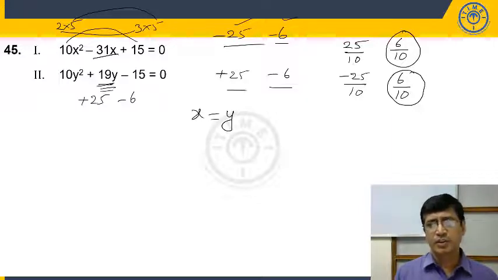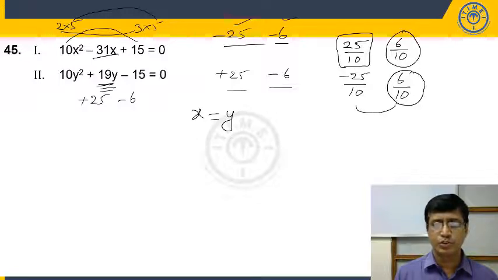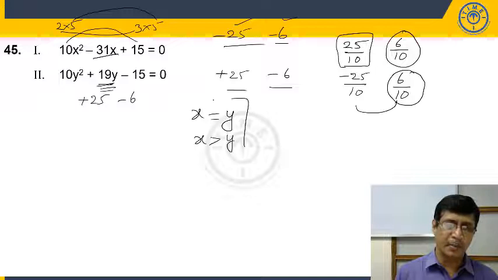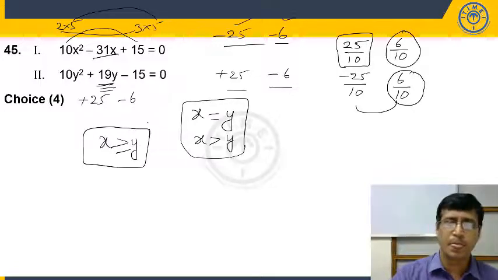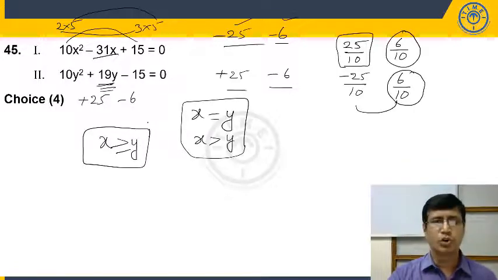And one more thing here, 25 is a value more than these two values, means x is greater than y. Combining these two means x greater or equal to y. The right choice, option number 4. Fourth choice is the answer for this example.